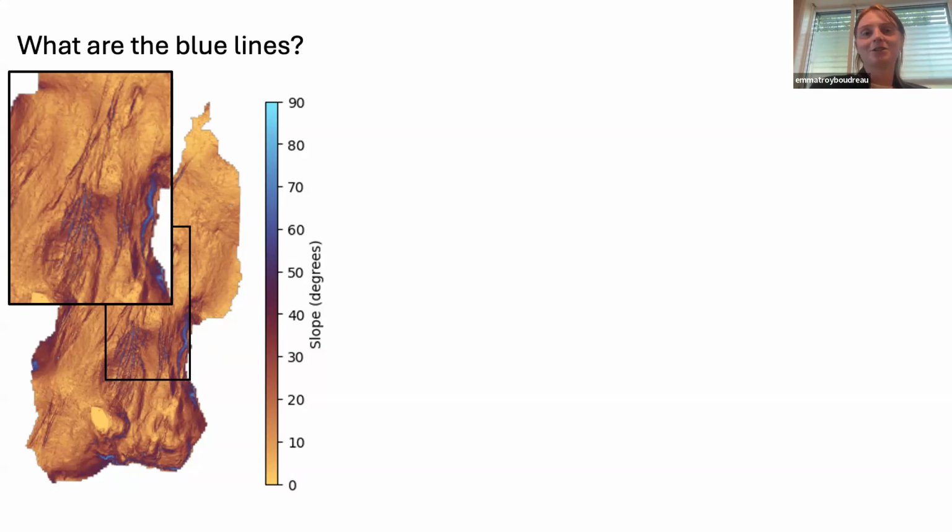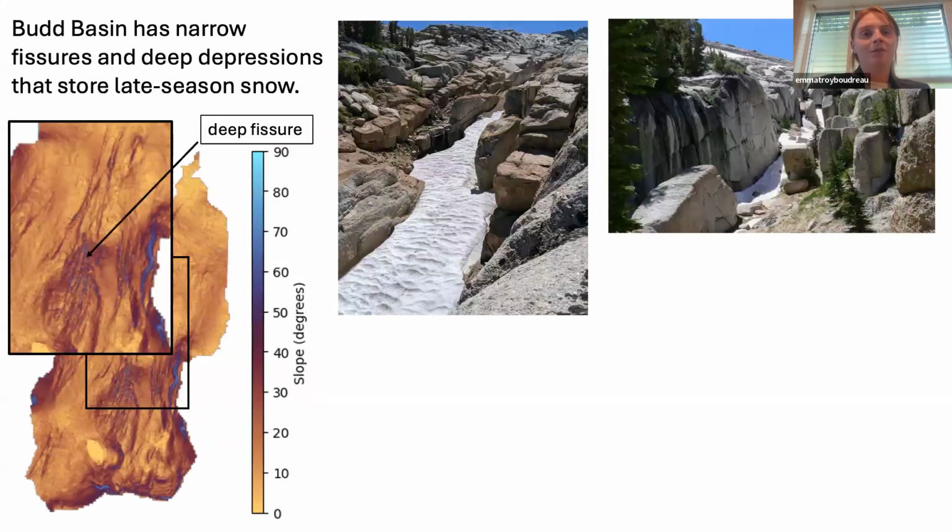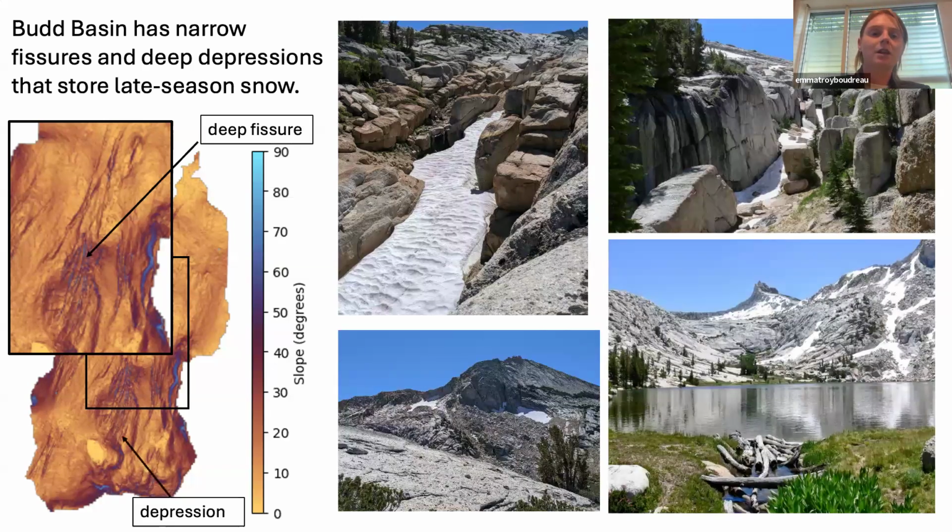How is this contributing to the basin? These lines are actually really deep, narrow fissures that snow will accumulate in, along with these deep depressions.